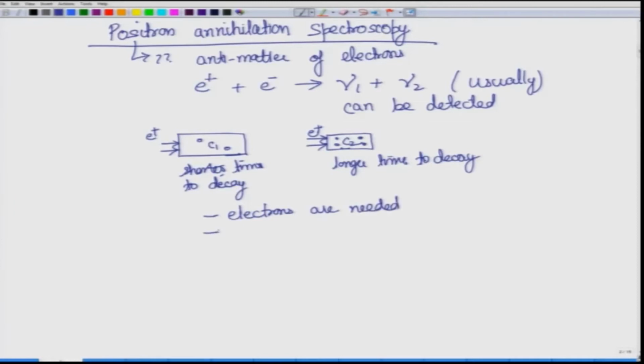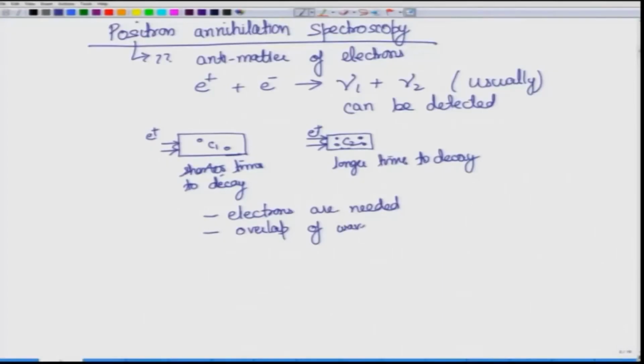When there are electrons, then overlap of wave function must occur, meaning the electrons can be represented by a wave function, and positron can also be represented by a wave function. They must overlap, and once they overlap properly, they will get annihilated. So, overlap of this wave function must occur.